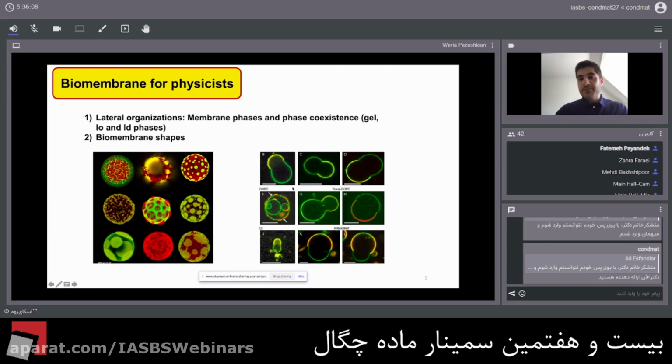And membrane shape is very interesting. For example, it is affected by osmotic pressure change and by protein composition, and a relationship between the composition and shape exists.